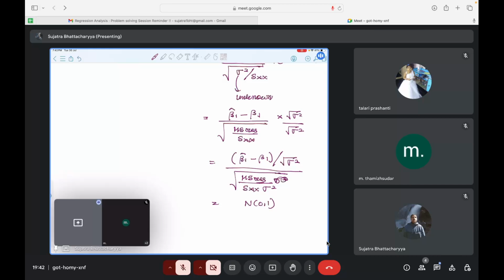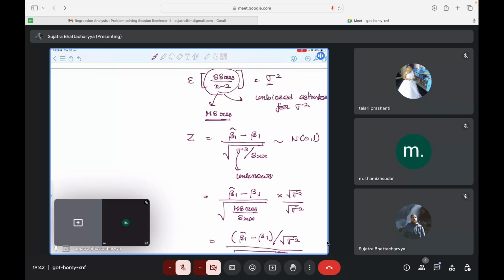Absolutely fine, because this root sigma square will come in the denominator. So divided by root over MS residual divided by sigma square. Okay. So this is what we can write.